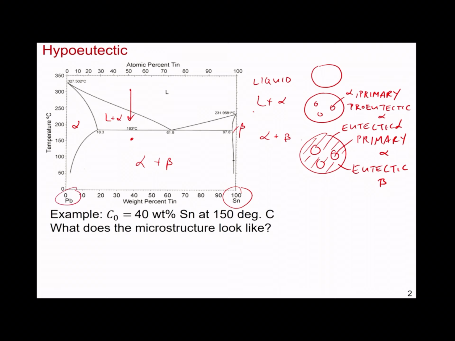So the tin atoms will start diffusing, and the path of diffusion in these microstructures forms these stripes, because the tin will go into the beta regions, and then you'll have the alpha region and the beta region. So alpha has lead and tin, and beta also has lead and tin.